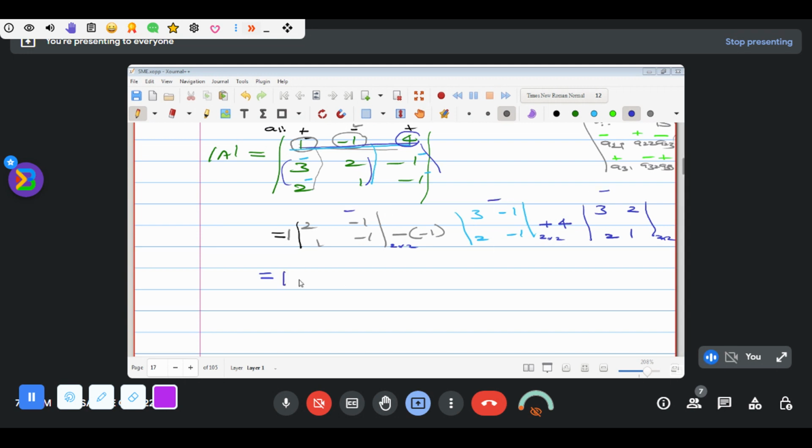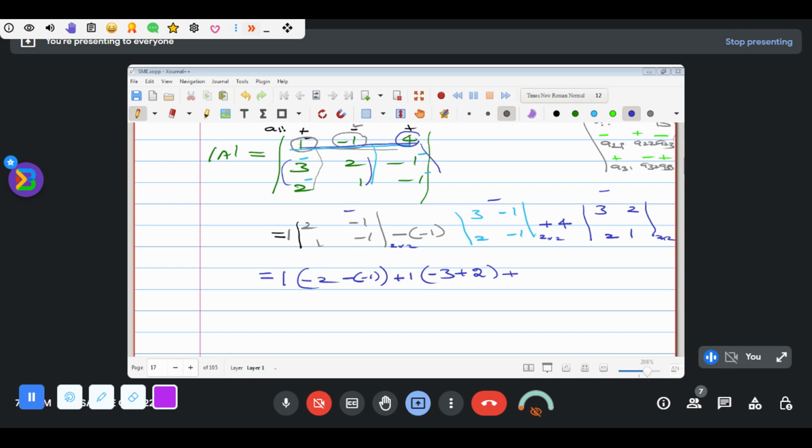Then it is a very easy calculation. 1 into 2 into minus 1 minus 2. The opposite direction means a negative sign. 1 into minus 1 is minus 1. Here minus of minus is plus. Therefore plus 1 into, what is the value here? 3 into minus 1 minus 3 into 2, minus 1 value, plus 2 is correct.